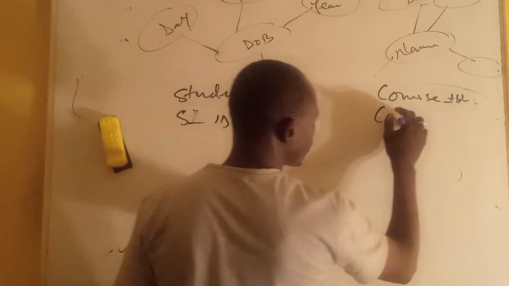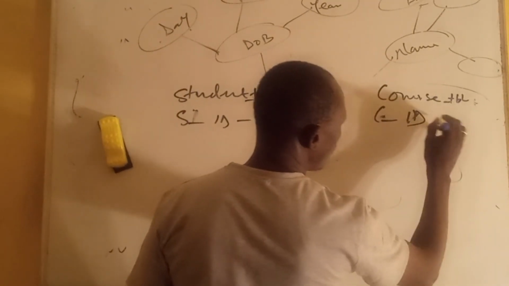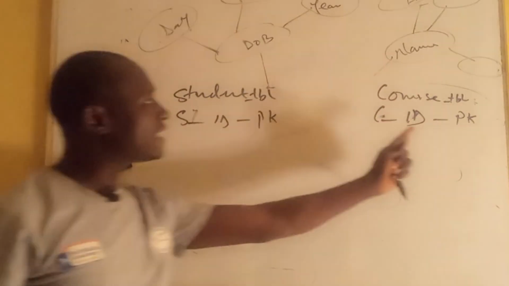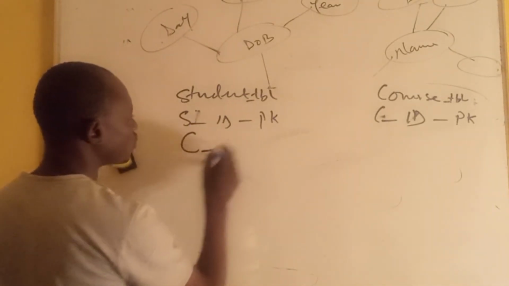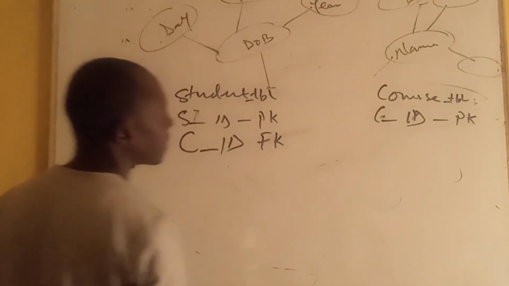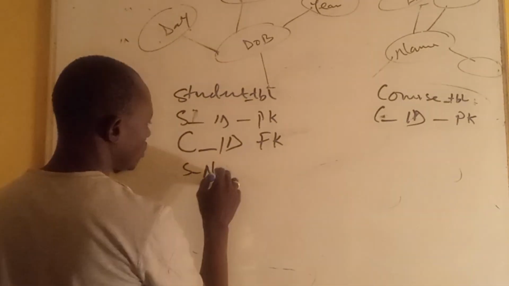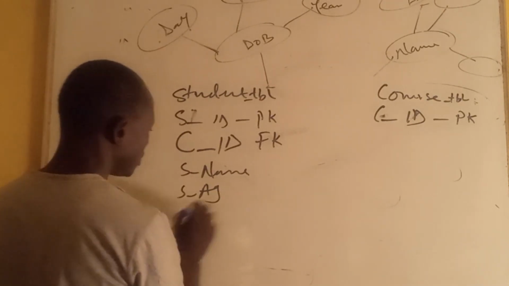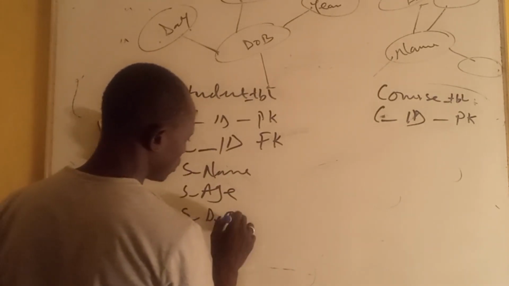Here we have course ID, which is also a primary key. If we are relating this and this, we might have course ID here as foreign key. Then we have student surname or student name, student age, student department, and what have you.